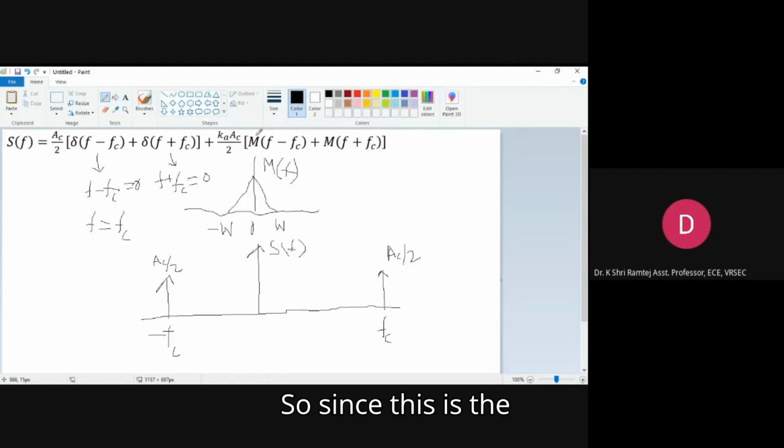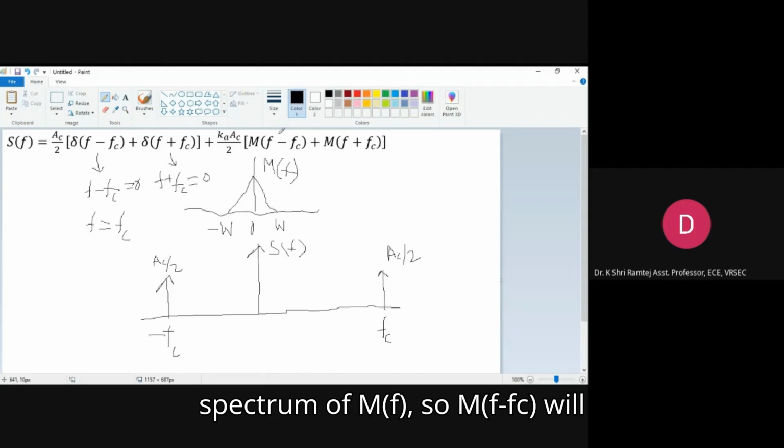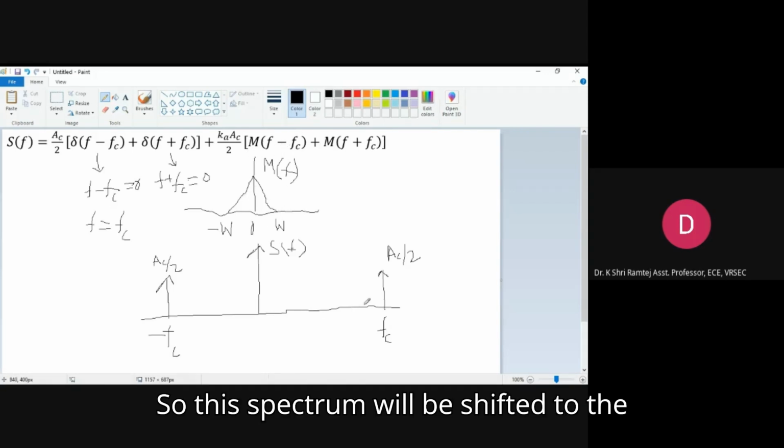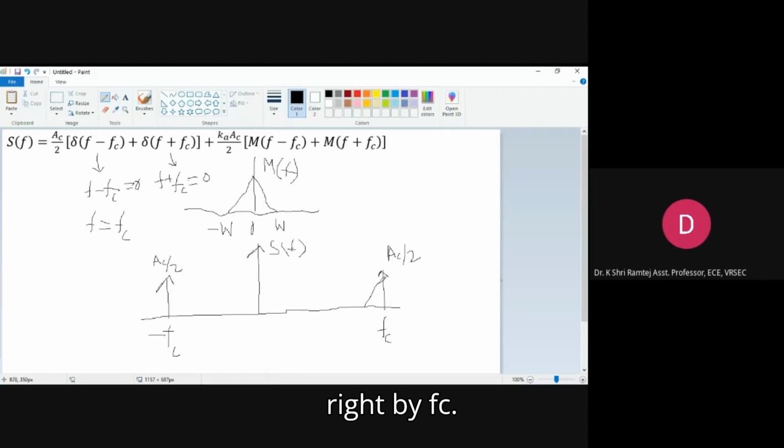The third term is Ka Ac by 2 into M of f minus fc. Since this is the spectrum of M of f, M of f minus fc will have the same spectrum at f equal to fc. So this spectrum will be shifted to the right by fc.